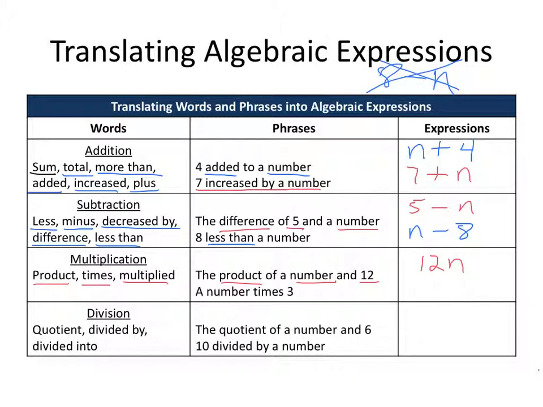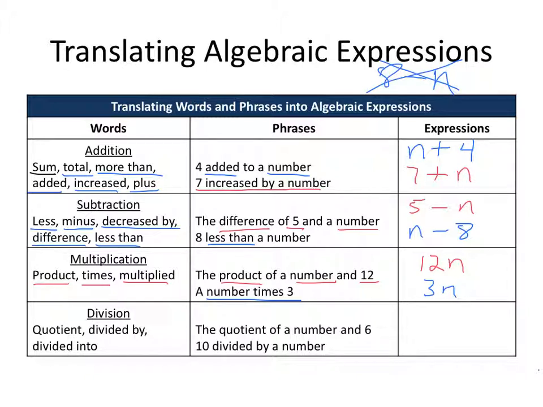That's the expression for the product of a number and 12. It doesn't matter what order you put them in, because of the commutative property of multiplication. And then we have the example of a number times 3. So again, it's a number n times 3, but we would write the coefficient first, so we would write 3n, our expression for that phrase.